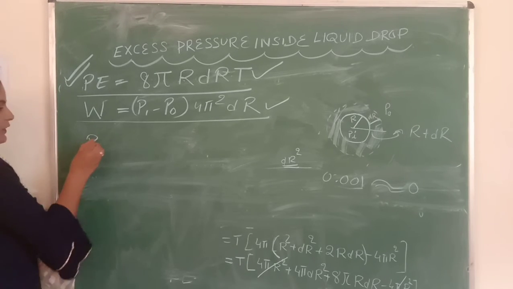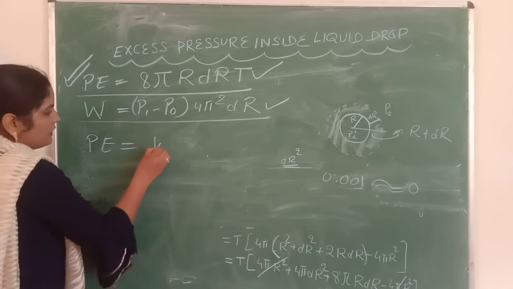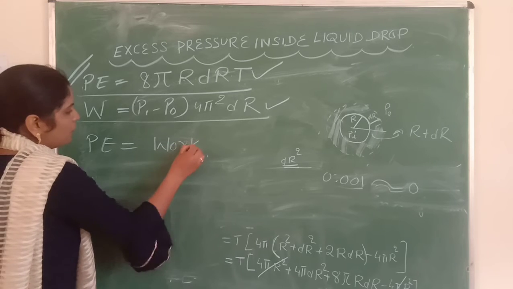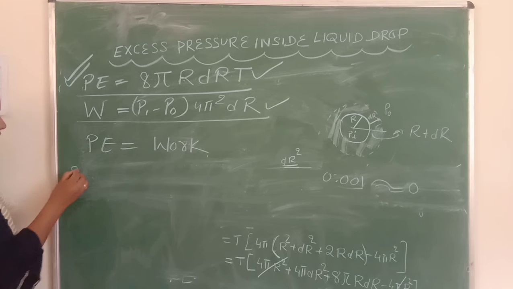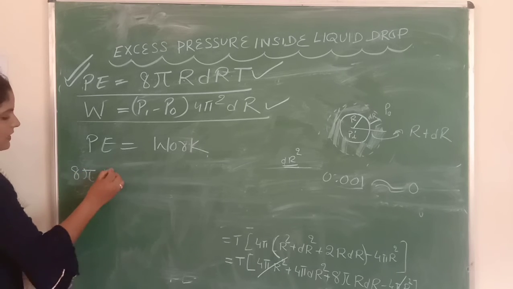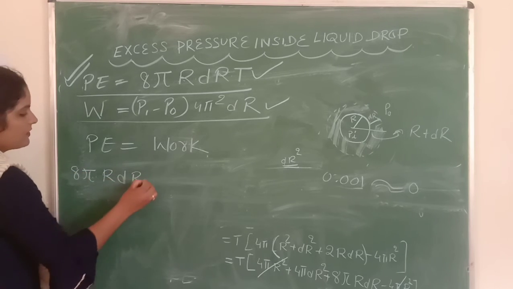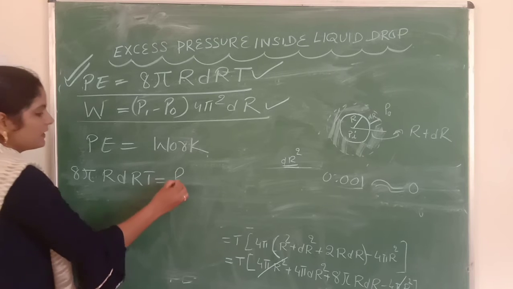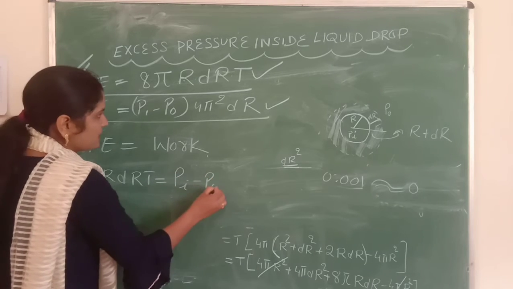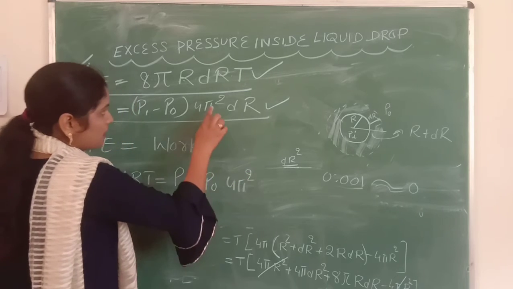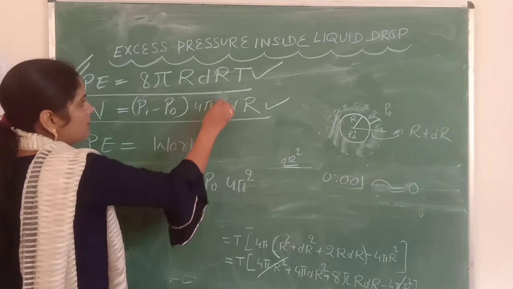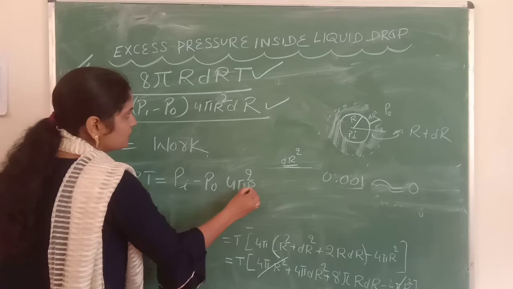That means potential energy is equal to work done. Students, equate these both. Potential energy is 8 pi r dr T, and work done is Pi minus Po, 4 pi r square dr.